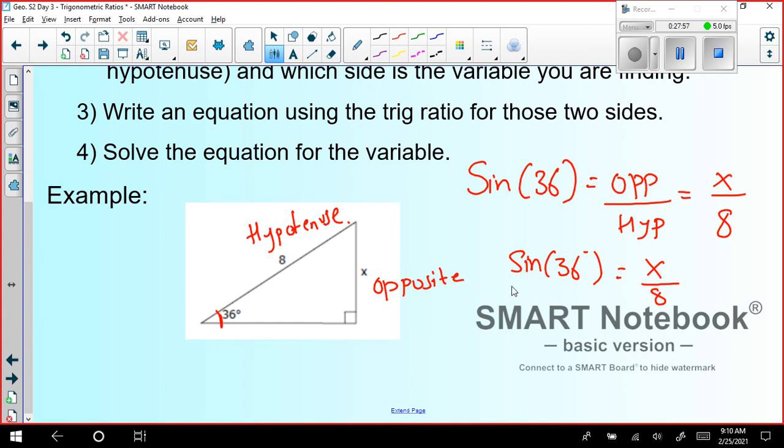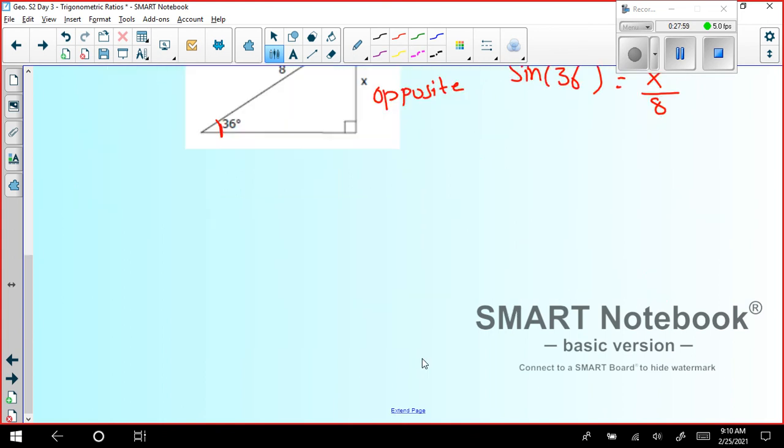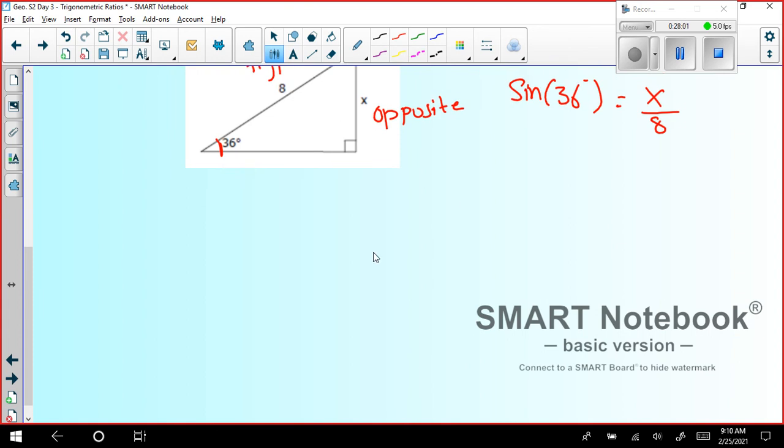Let me extend the page. Round up to the third decimal always if nothing is mentioned, equals x over 8. Now cross multiply to find the value of x.